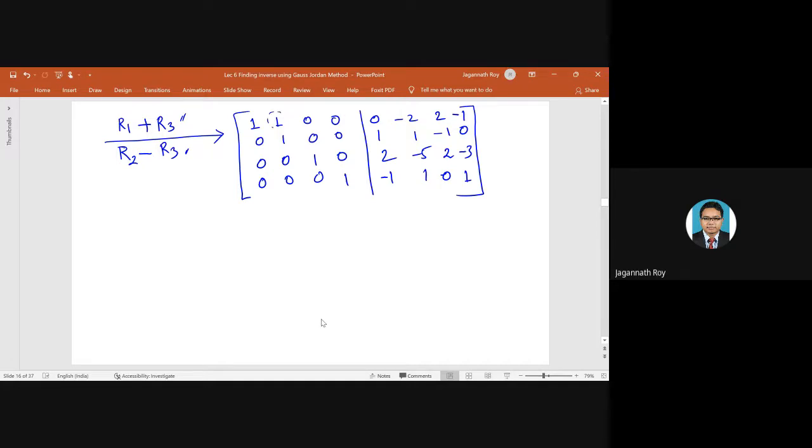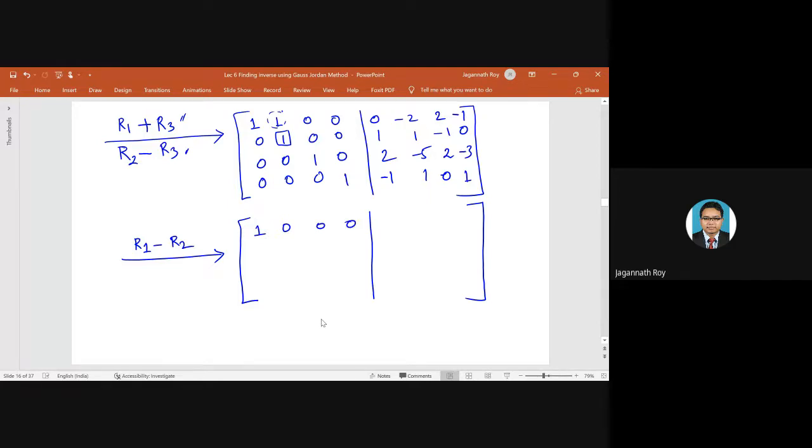Finally, we want 0 here, and this is our pivot now. So what we do? We do this one, R1 minus R2. So what we have now is this matrix 1, 0, 0, 0.